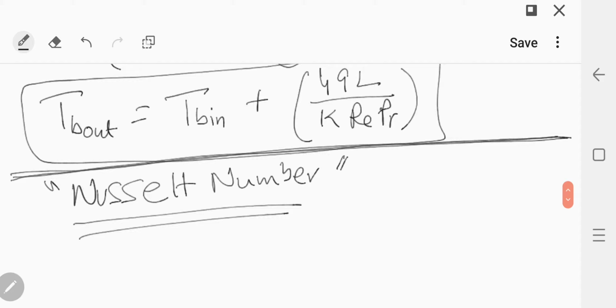Now let me ask you a very simple question. Do you know the value of Nusselt number for laminar flow flowing in a pipe under constant wall temperature conditions or under constant heat flux condition? What's the minimum value of Nusselt number? If you do not know, let's find it out.